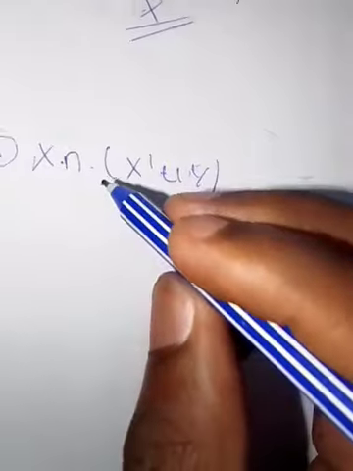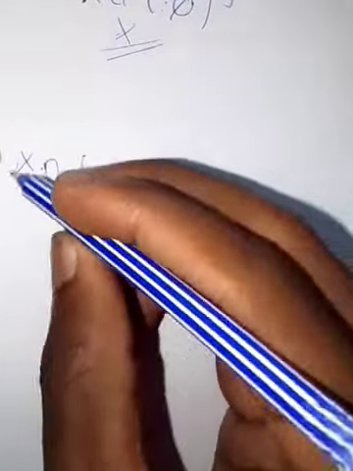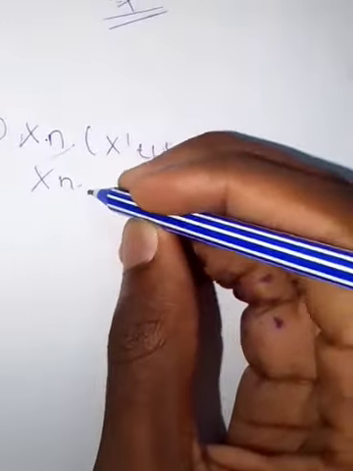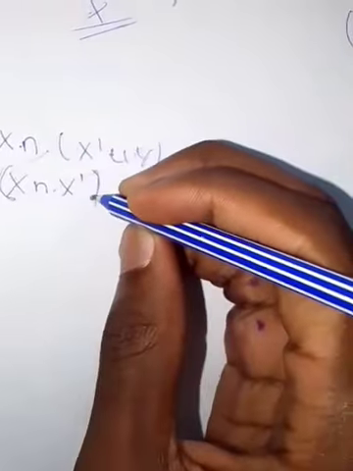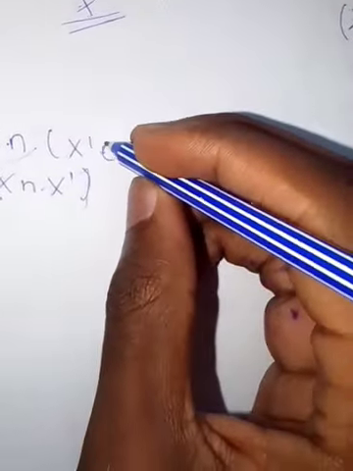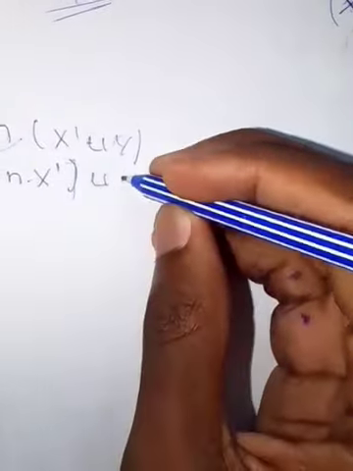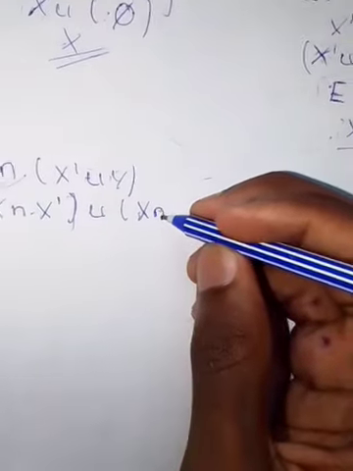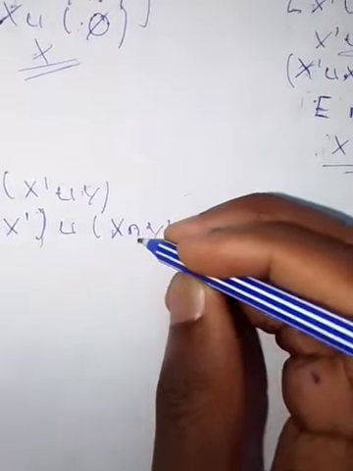Now remember, if you're in this scenario, multiply through. So multiply this with this, you're going to have x and x complement wrapped in parentheses, then separated by this. Now we multiply this with this, we're going to have x intersection y.